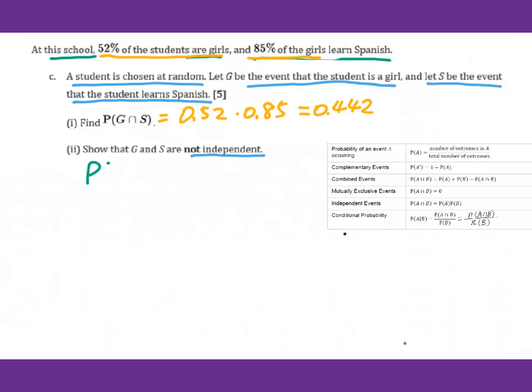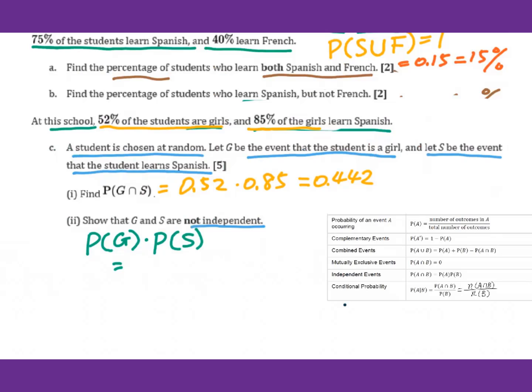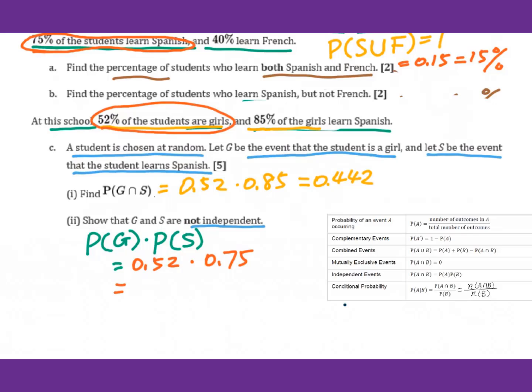Show that J and S are not independent. We need to check the probability of girl times probability Spanish. We got probability that girl is 0.52 times probability for Spanish, that is 0.75, so equals 0.39.